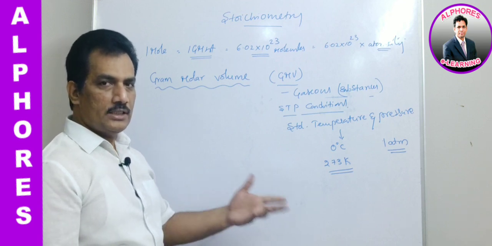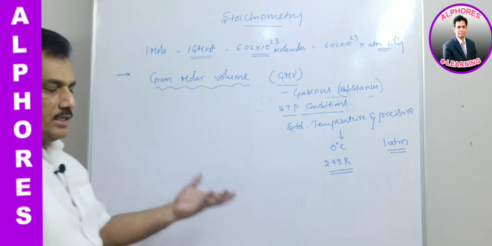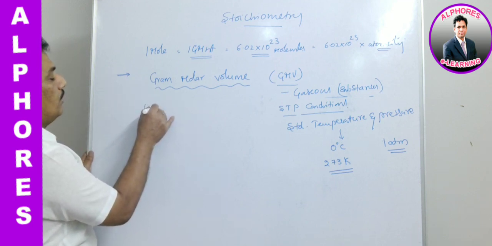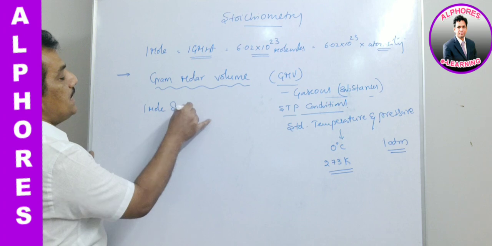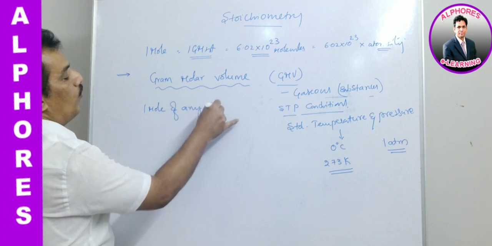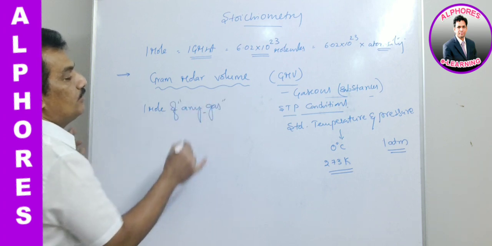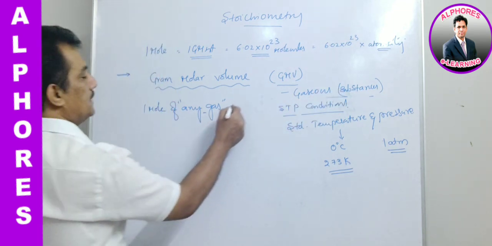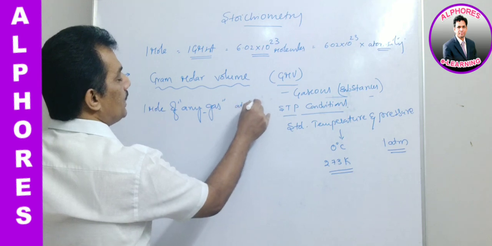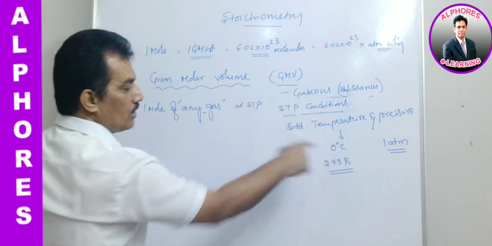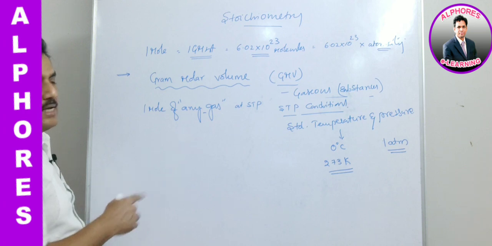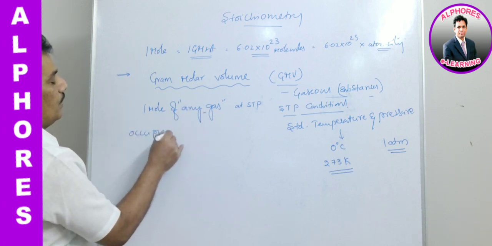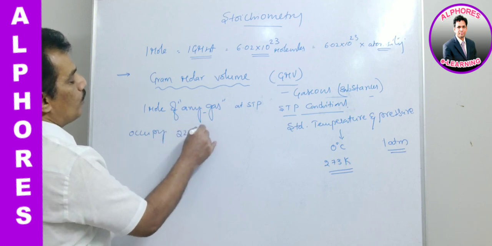Clear? Now let us define GMV. It is 1 mole of any gas. That's why we are considering the gaseous state. 1 mole of any gas at STP occupies 22.4 liters.